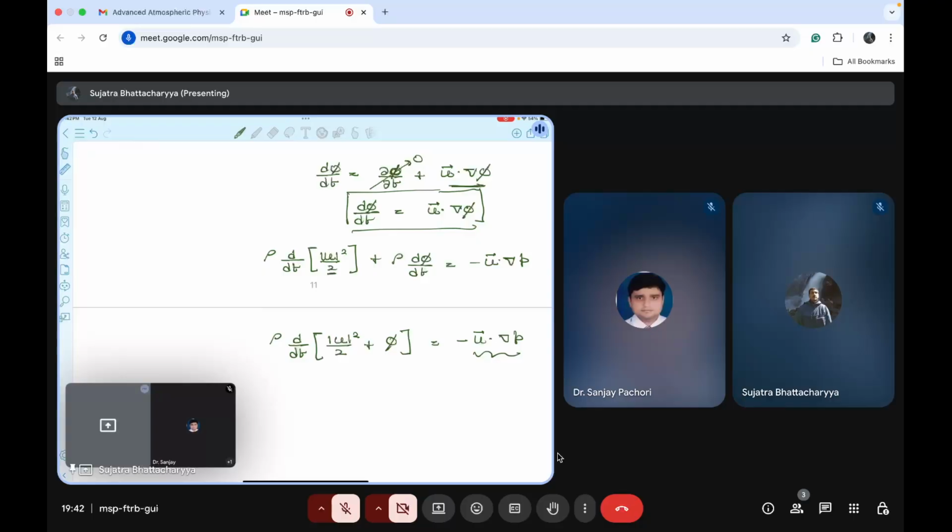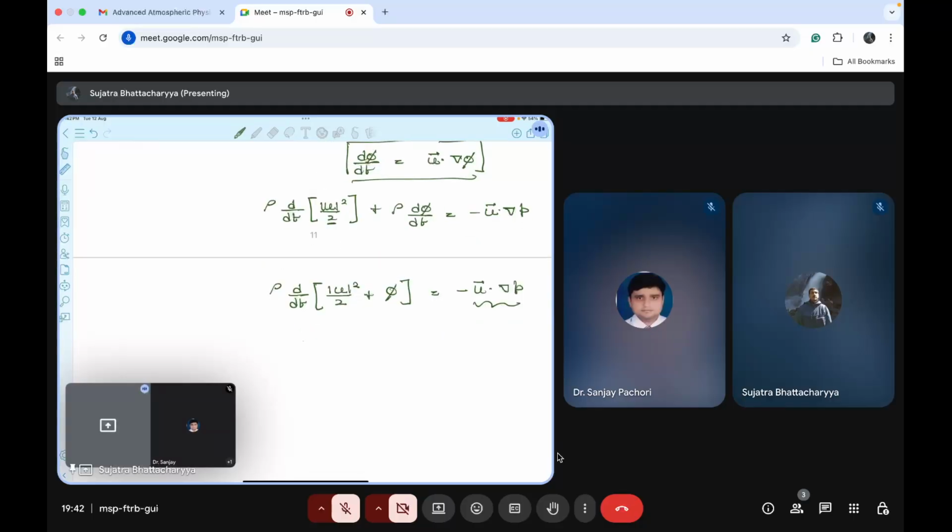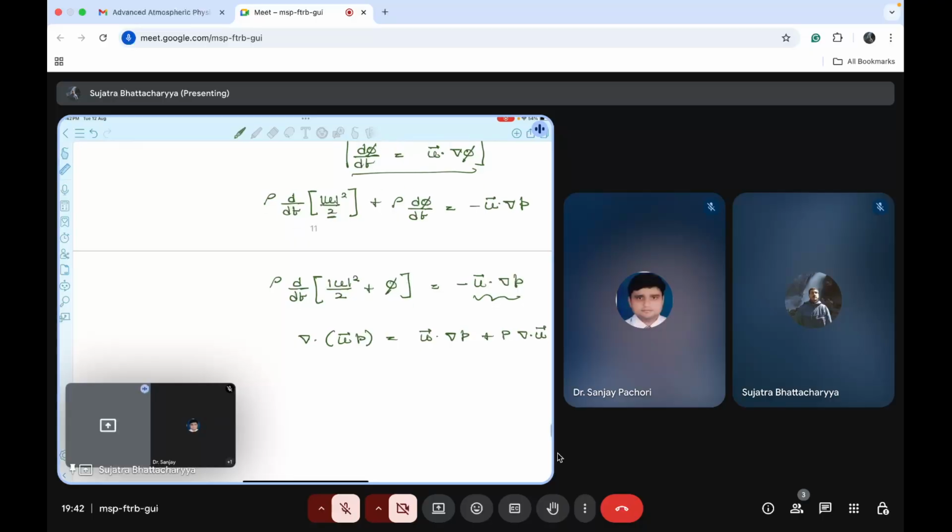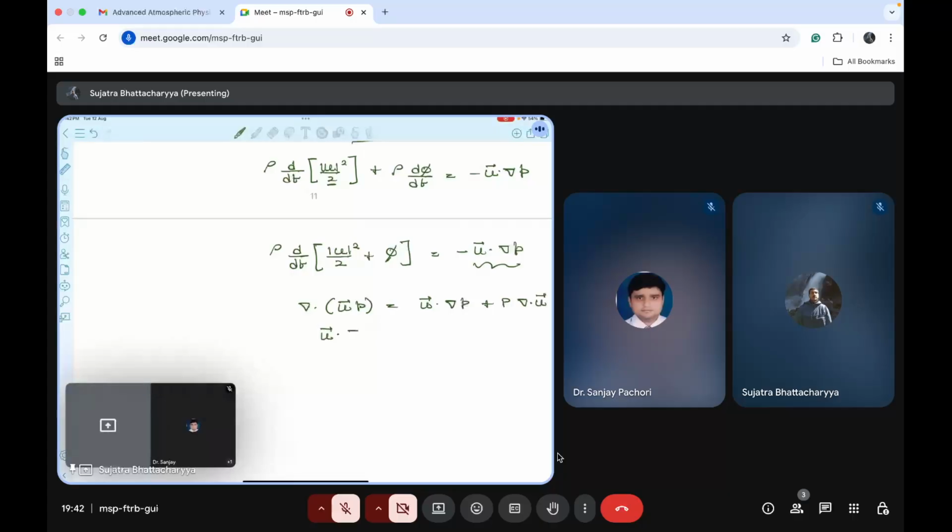Let's see the right hand side. That is u dot grad p. Can we write del dot u times p as u dot grad p plus p del dot u? We can write this. It is just a simple equation. So u dot grad p is equal to del dot up, just rearranging things, minus p del dot u.